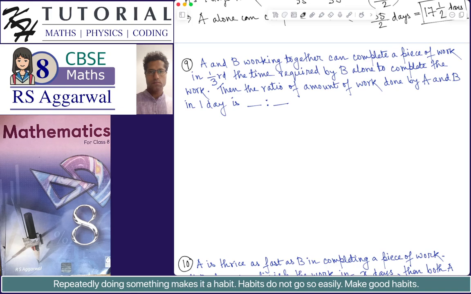So let us assume that B alone can complete the work in X days.